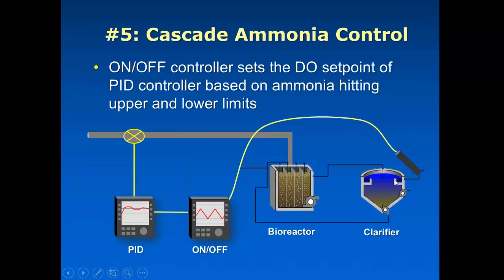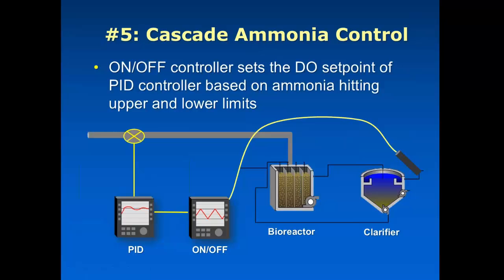So in other words, when you have the ammonia start to get really high in your effluent, this thing is going to hit that limit and it's going to say, okay, it's time to go to a higher DO set point. So there's more air being applied. Goes to the higher DO set point, the PID controller then responds and makes the appropriate change to the airflow. Then you get to the point where maybe the loading to the plant isn't so high, the ammonia starts to drop off. The controller says, okay, now we've hit our lower limit, where our effluent ammonia is very low, it's down to 0.1 or what have you.